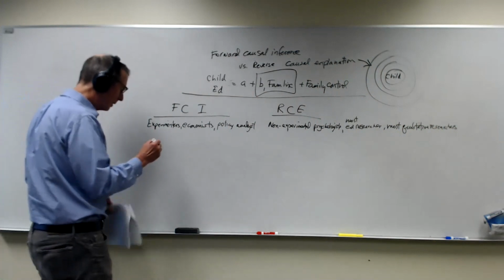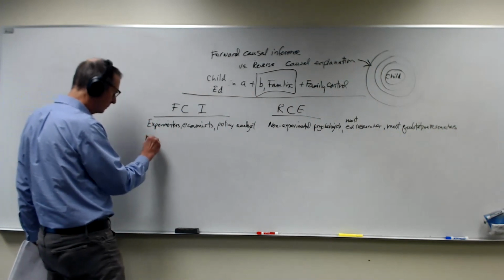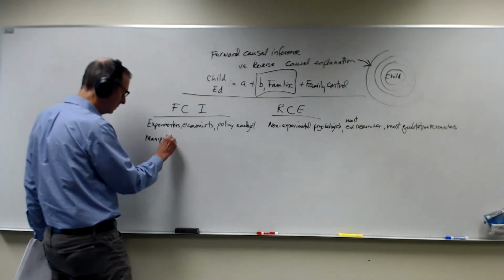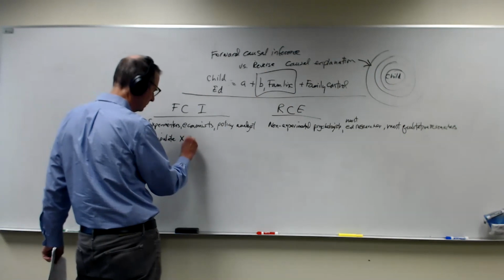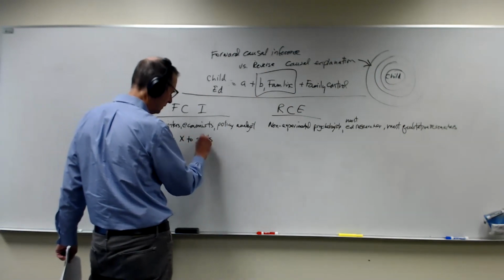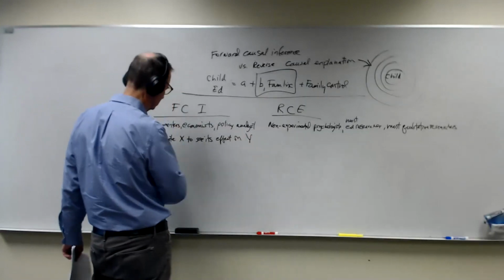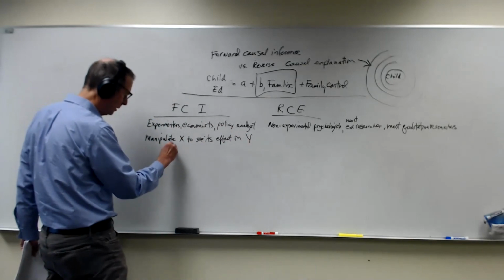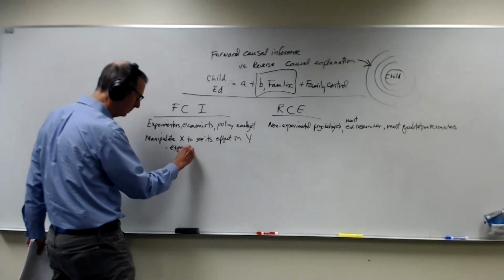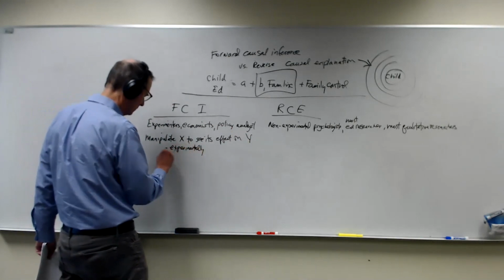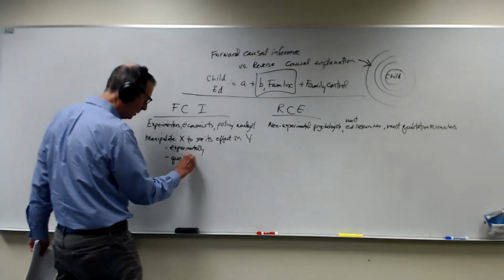The idea for the forward causal inference people is to manipulate some X to see its effect on Y. And we can do that experimentally, or we can do it quasi-experimentally.